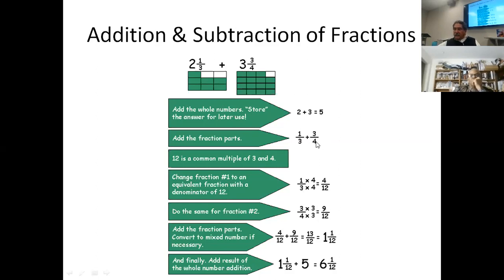Then multiply the second fraction, the top and the bottom, by the denominator of the first one. Then you add them together, you get 13 over 12. And then this becomes an improper fraction. You simplify this to 1 1/12, and 1 1/12 plus 5 is 6 1/12.